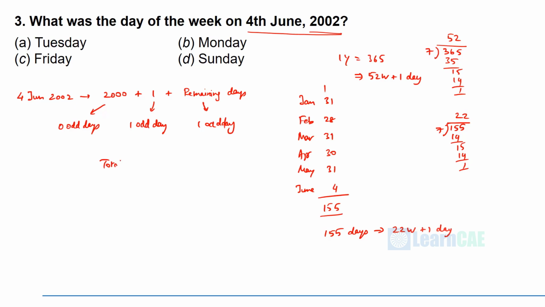So total it is 1 plus 1, that is 2 odd days. Therefore, 2 corresponds to Tuesday, that is for Sunday it is 0, Monday it is 1, Tuesday it is 2. So the answer is option A, Tuesday.